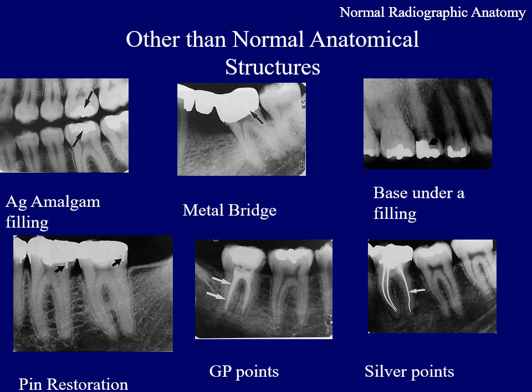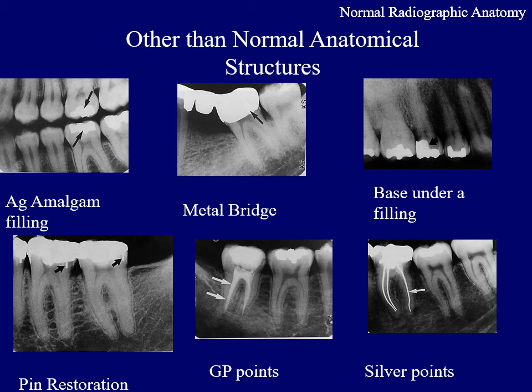This metal bridge can be stainless steel crowns or gold crowns. Both stainless steel and gold crowns appear completely radio-opaque because of their density. Then the third image is a base under a filling. Usually a calcium hydroxide base is given, and this calcium hydroxide base appears radio-opaque, that is white.